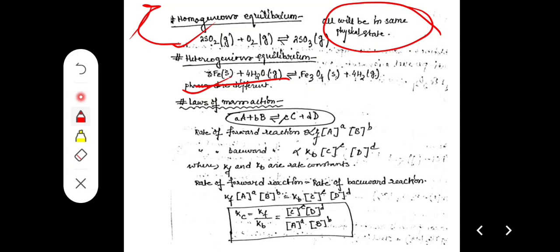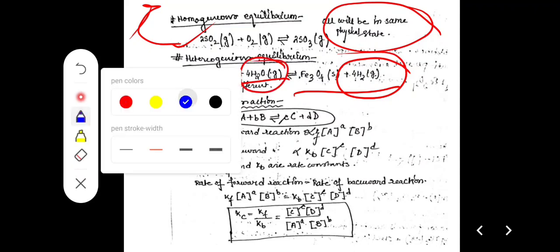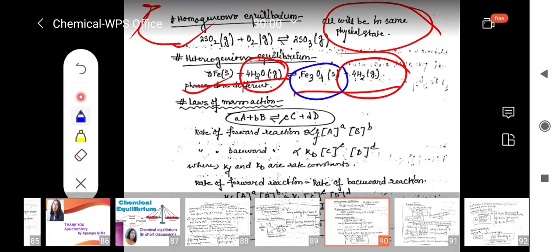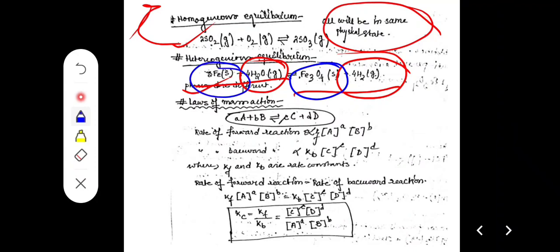Here we see that two phases are there, one gas and one solid, so this must be termed heterogeneous.